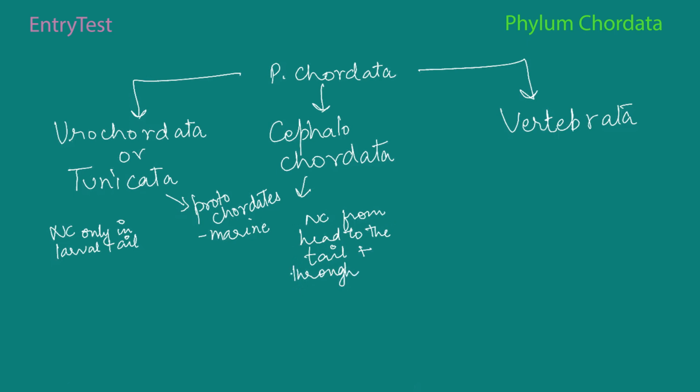It does not finish at any point of life. So that is the basic difference between them. A few examples of Urochordata include Ascidia and Salpa, and examples of Cephalochordata include Branchiostoma.